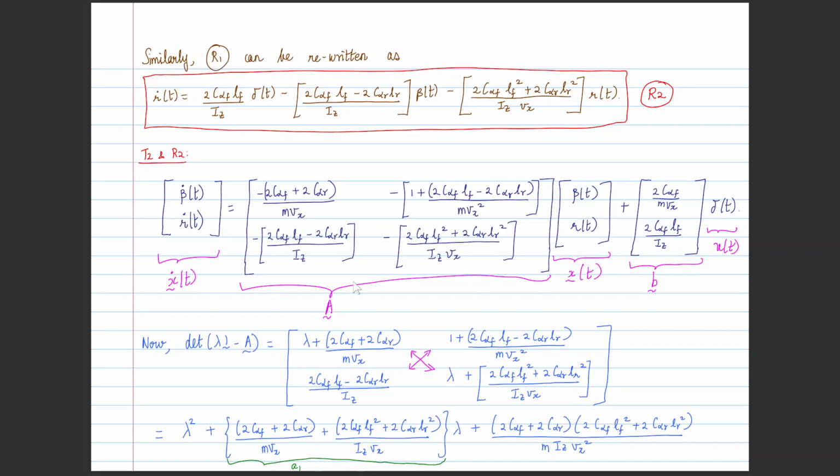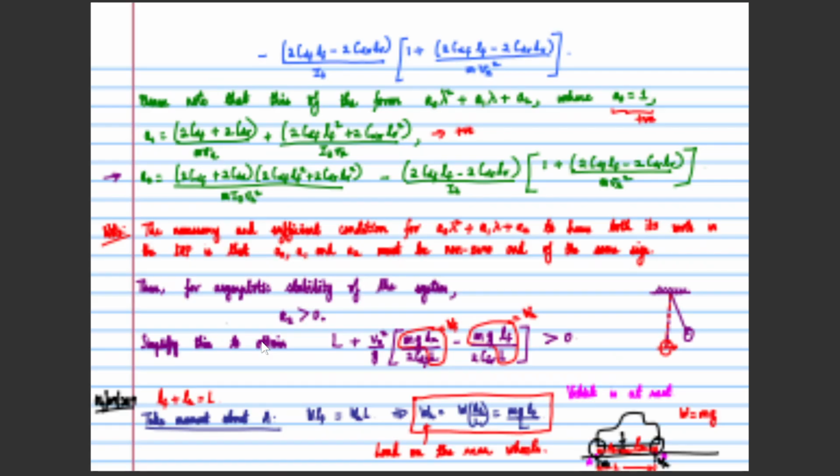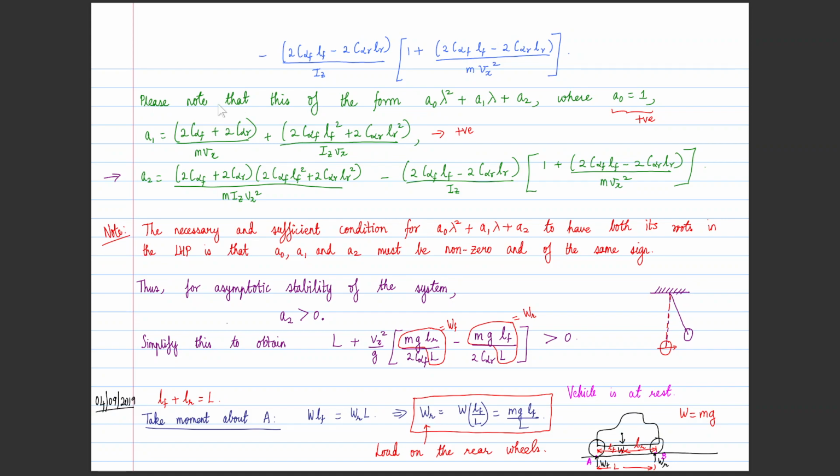Now if you were to take its determinant, its characteristic equation will be of the form a0 lambda square plus a1 lambda plus a2.